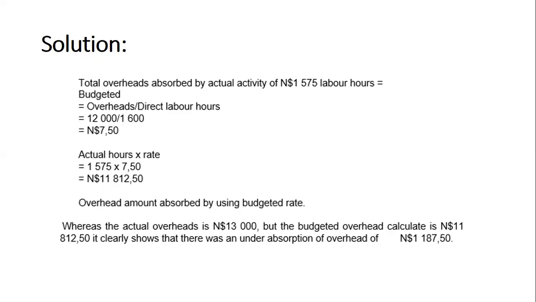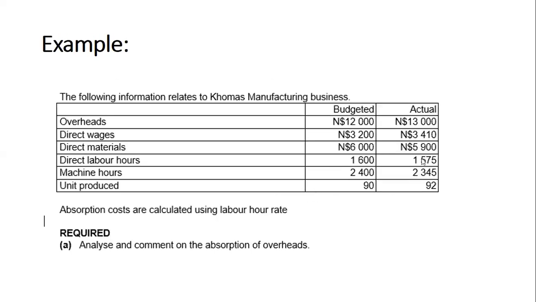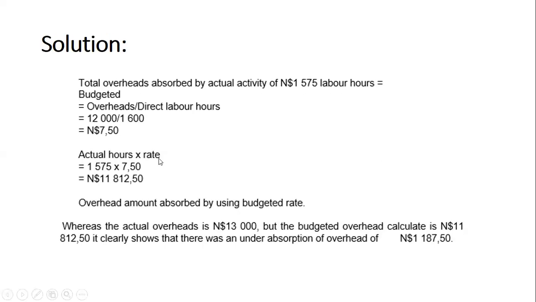So that means to get the overhead absorbed to production, what we have to do is take the actual labor hours, which is this amount, and then multiply it by this rate.